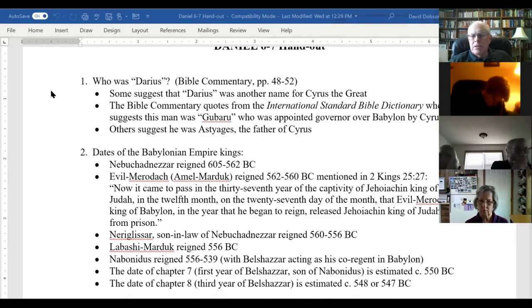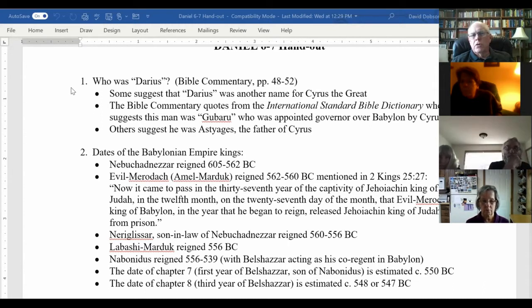The Bible commentary, at least the PDF version that I sent to you, I had to take all the different pieces and put them together. But pages 48 through 52 have a lot of material about Darius and the possibilities as far as who this is.